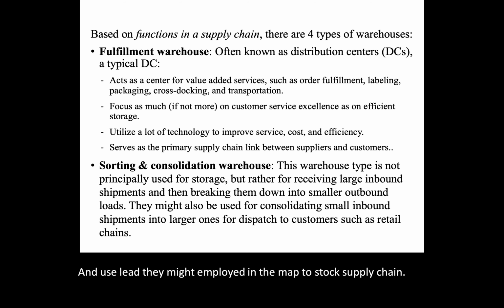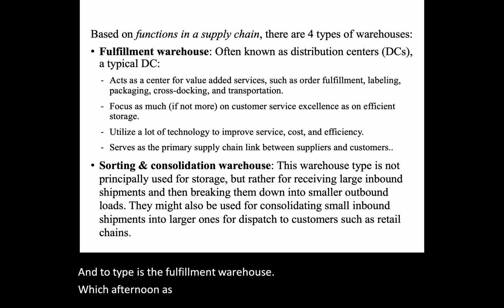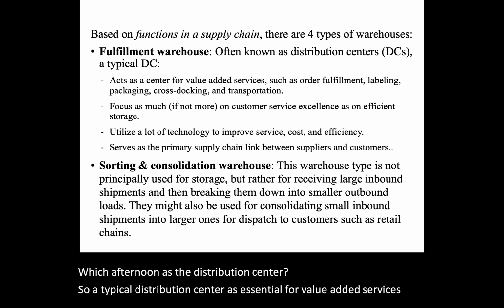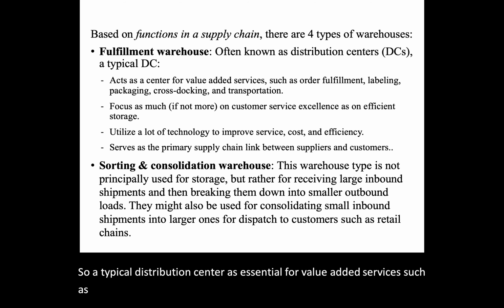The third type is the fulfillment warehouse, which is often known as the distribution center. A typical distribution center acts as a center for value-added services such as order fulfillment, labeling, packaging, cross-docking, and transportation.